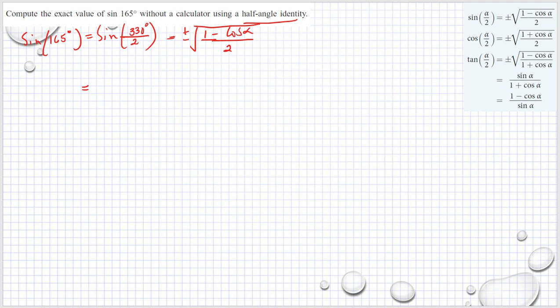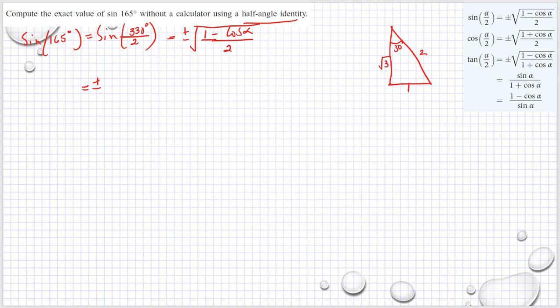And we know that for 330, we have 30 degrees there. For the 30 degree triangle, we have 2 there, square root of 3 there, and then 1 there.